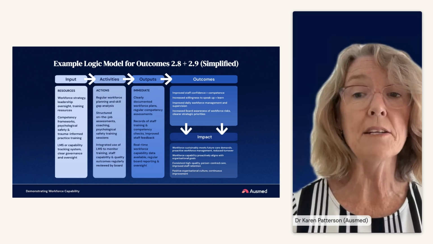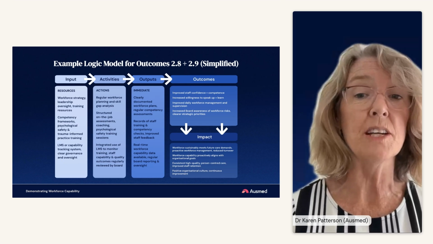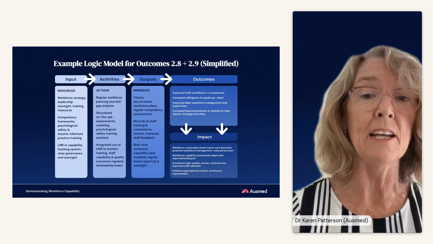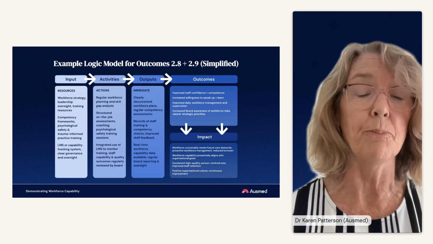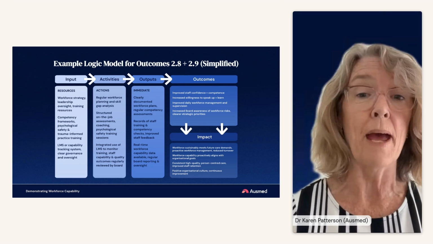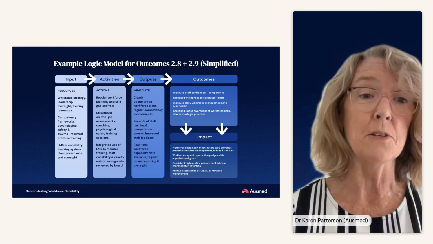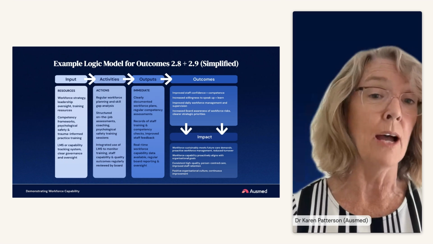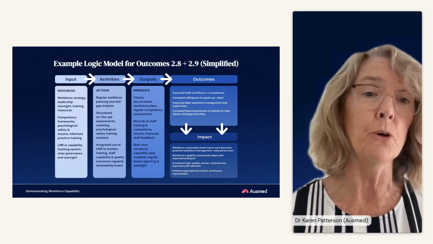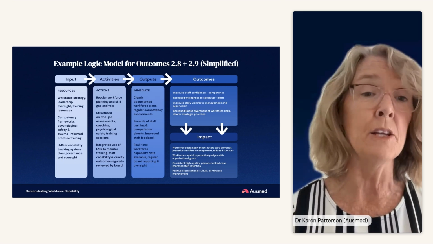So here's a practical, clearly structured program logic example for Standard 2, Outcomes 2.8, Workforce Planning, and 2.9, Human Resource Management. As you can see, it's high level, it's visual, it's on a page, which is a helpful resource for communicating with your residents, clients, individuals that you care for, with your staff, and within your organization.